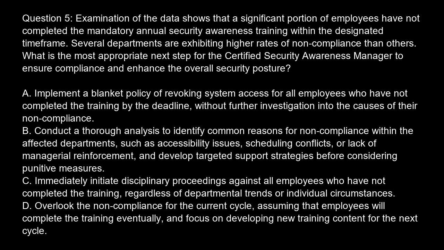Option C. Immediately initiate disciplinary proceedings against all employees who have not completed the training, regardless of departmental trends or individual circumstances. Option D. Overlook the non-compliance for the current cycle, assuming that employees will complete the training eventually, and focus on developing new training content for the next cycle.